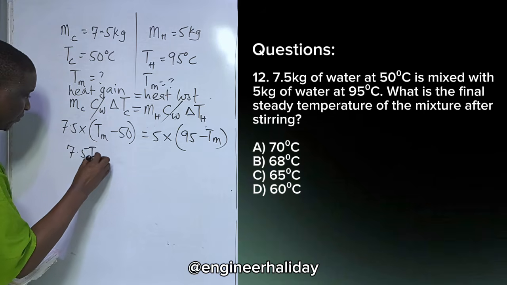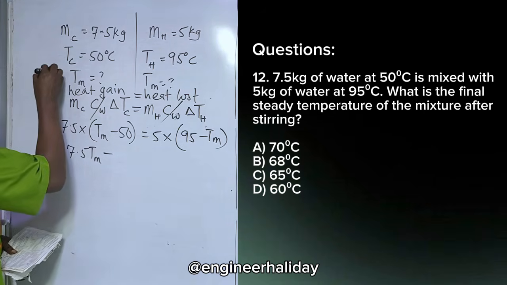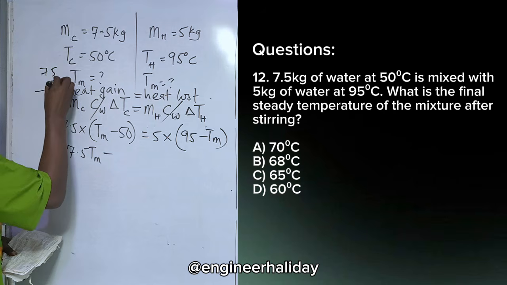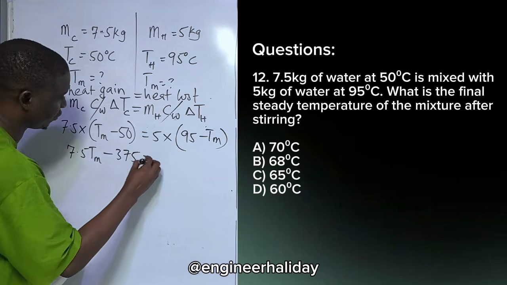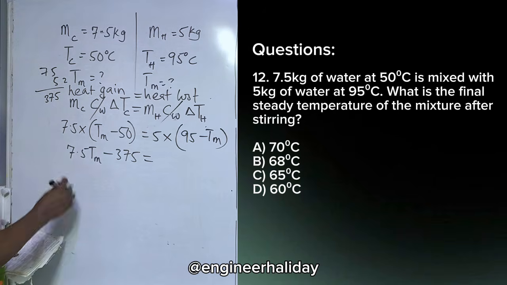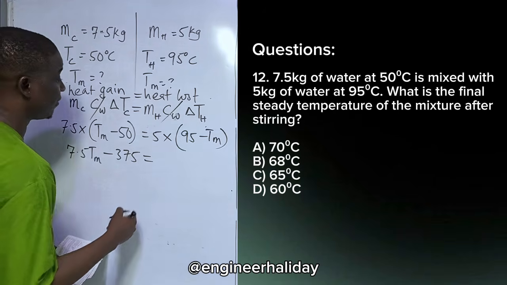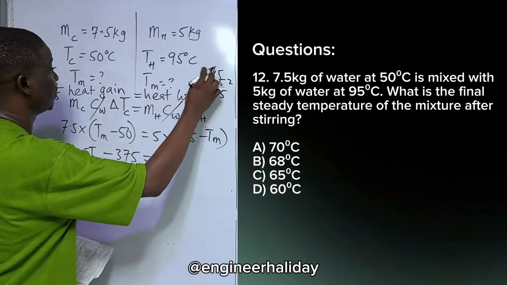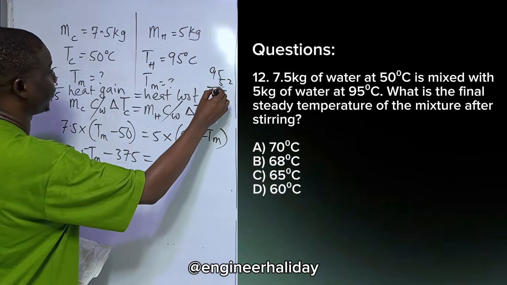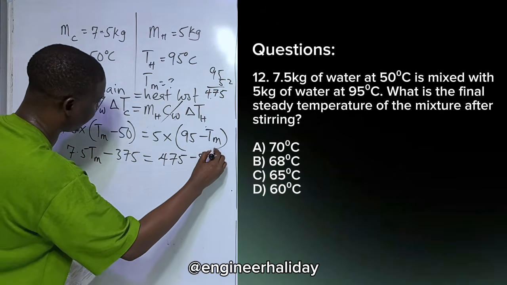So this one will give us 7.5 times (Tm minus 50), and 5 times (95 minus Tm). 7.5 times 50 gives us 375, equals 95 times 5, which gives 475, minus 5 Tm.